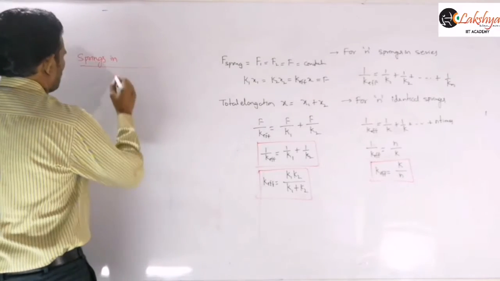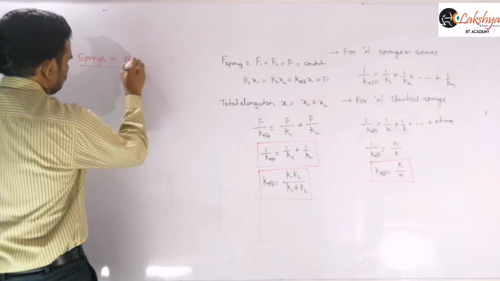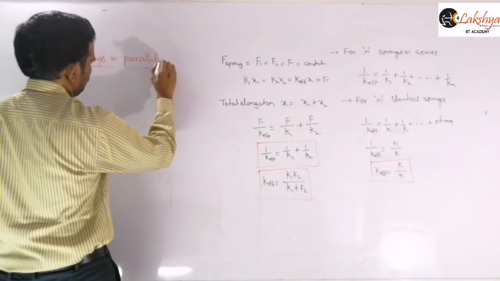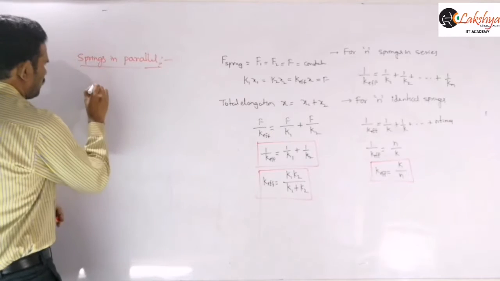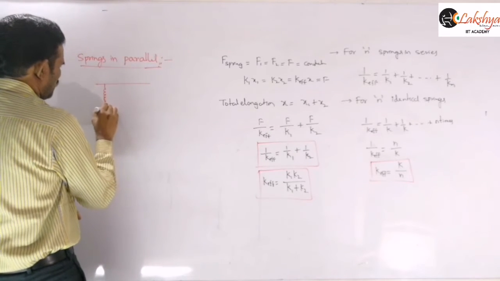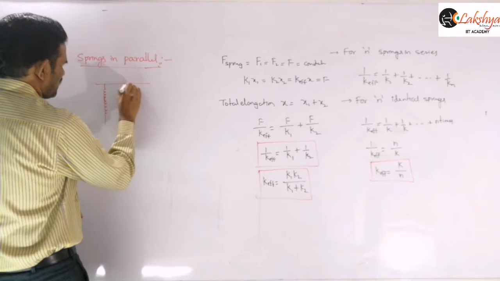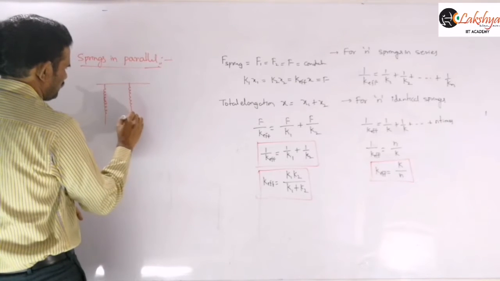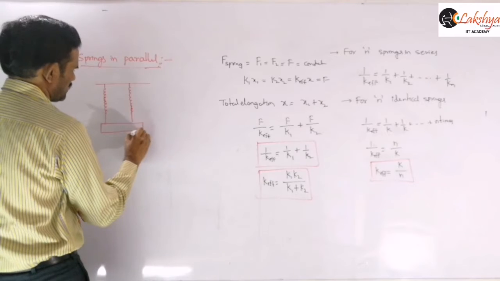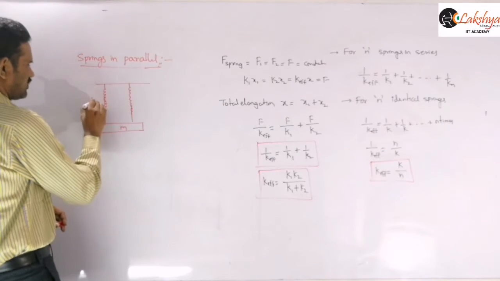So now springs in parallel. We consider 2 springs connected side by side like this, such that a block of mass M is connected here.